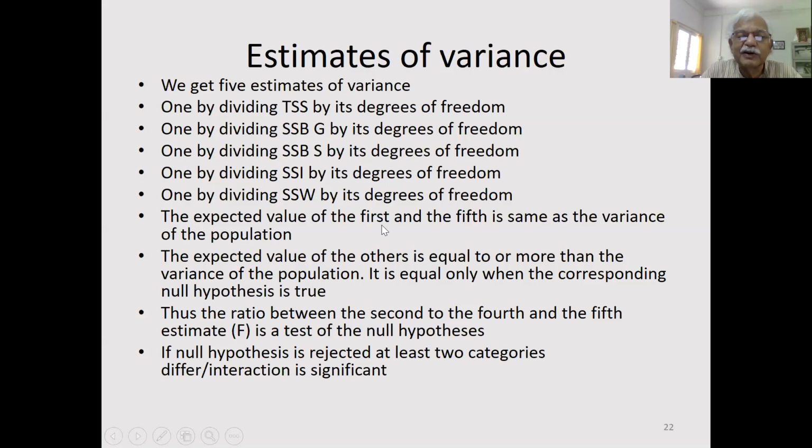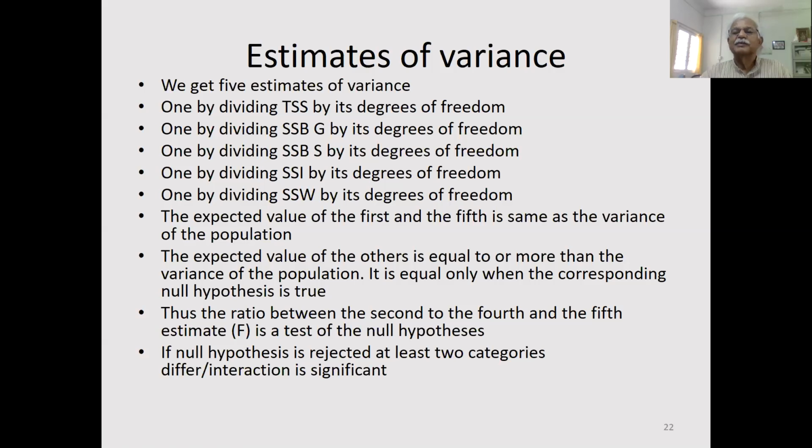The expected value of the first and the fifth is the same as the variance of the population. The expected value of the others is equal to or more than the variance of the population. It is equal only when the corresponding null hypothesis is true.